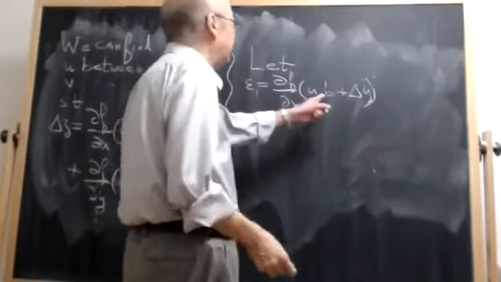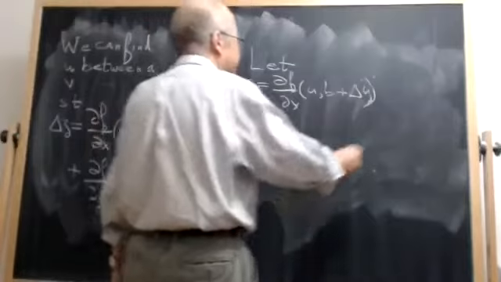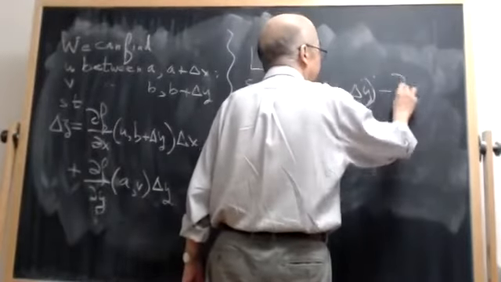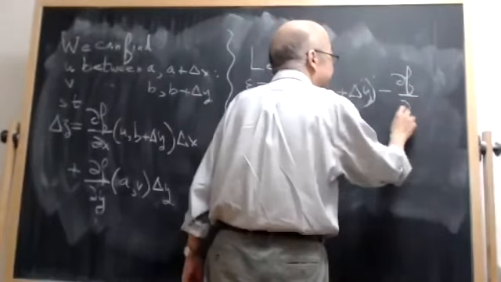I just put u plus delta y in my notes. That's not correct. And then I have df dx at ab, minus that.